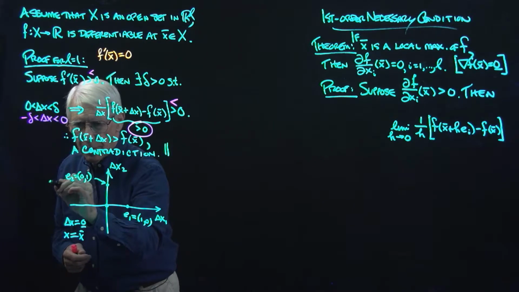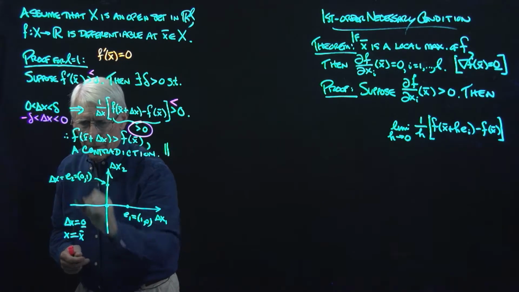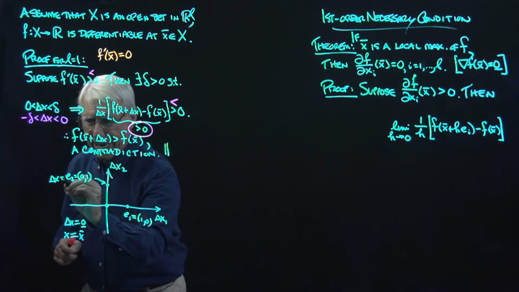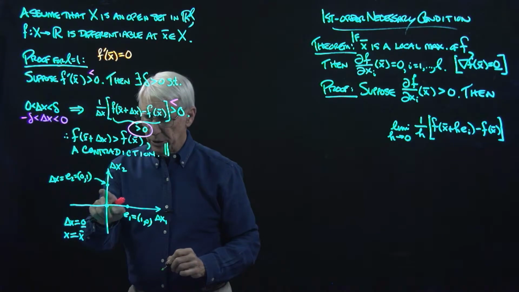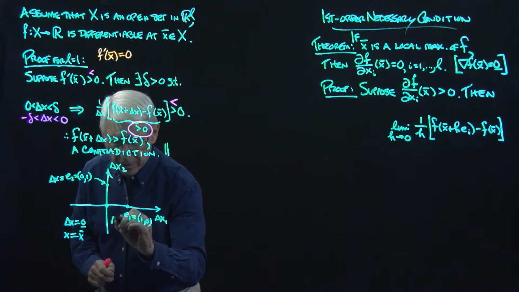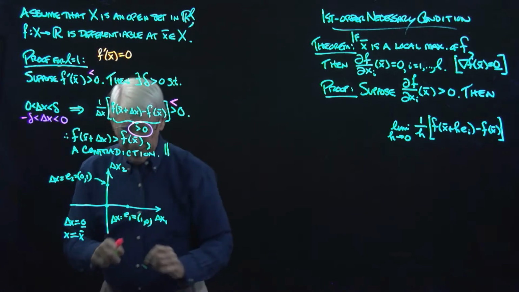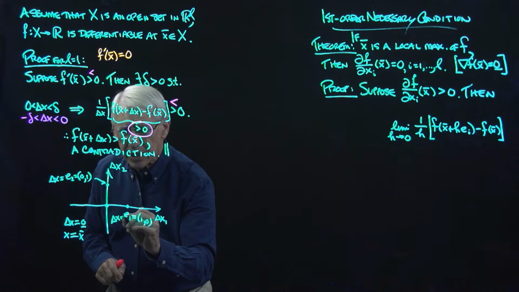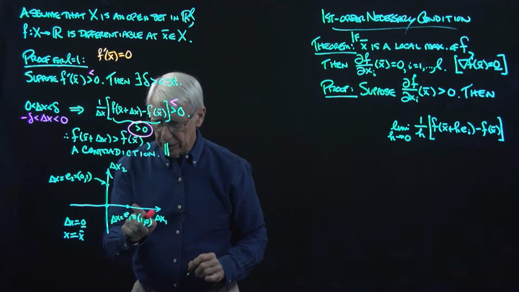And so this would be where the vector delta x is the second unit vector. This would be where the vector delta x is the first unit vector.